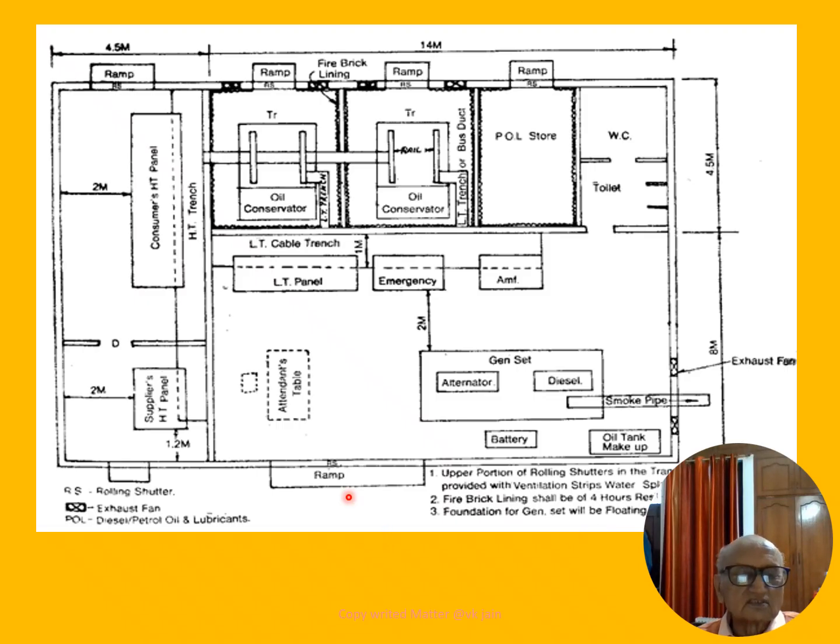Now this is a substation containing a generating set and the petrol oil and lubricant store, local diesel oil or petrol storage. This particular diagram is for 11 kV to 433 voltage and a generating set of 433 and below.